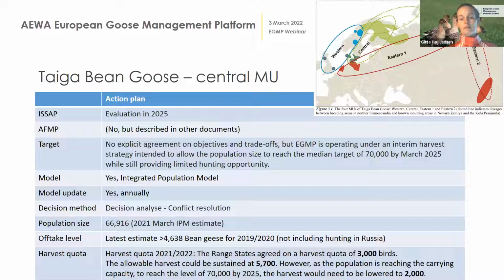Moreover, this does not include any hunting which takes place in Russia. And because we don't have the explicit agreement on objectives, the range states have to agree on the harvest quota, and they agreed on that to be 3,000. Whereas if we did have agreements on objectives and trade-offs, we could run the optimization process.